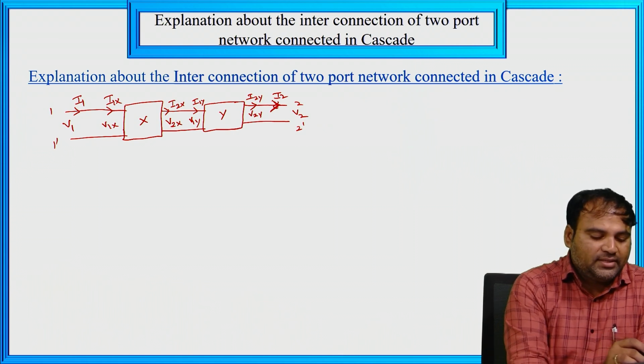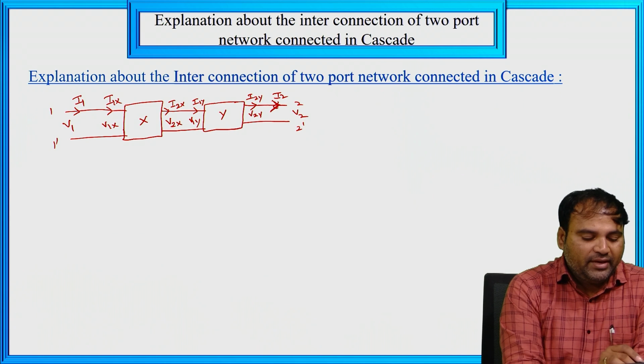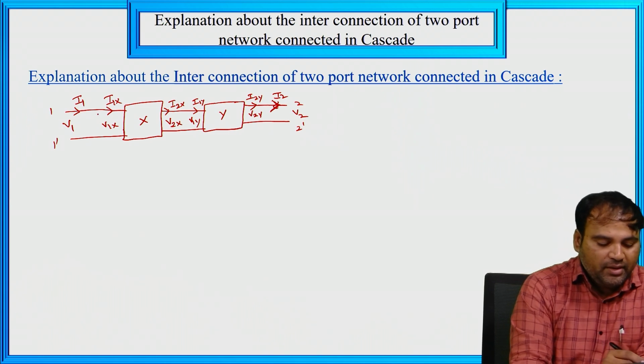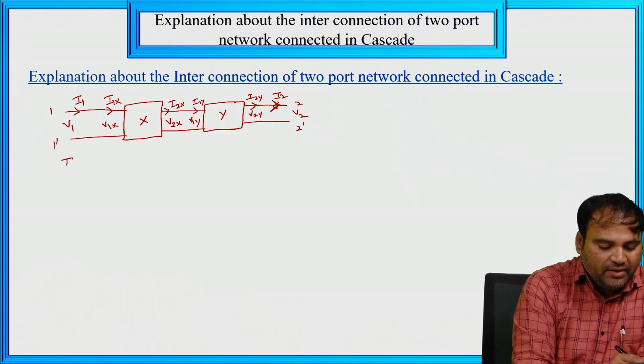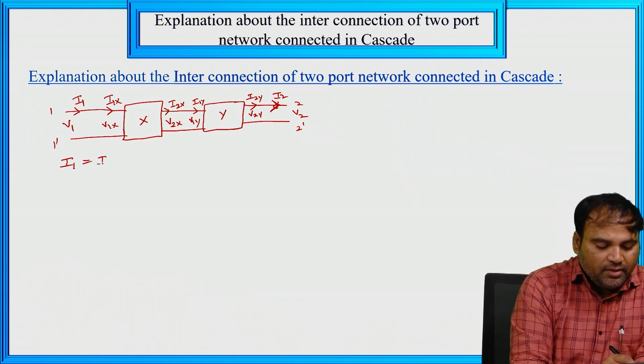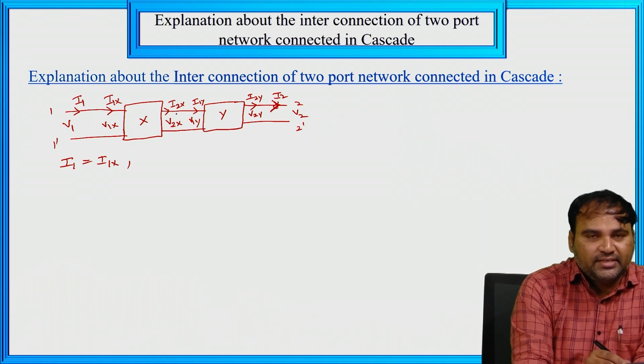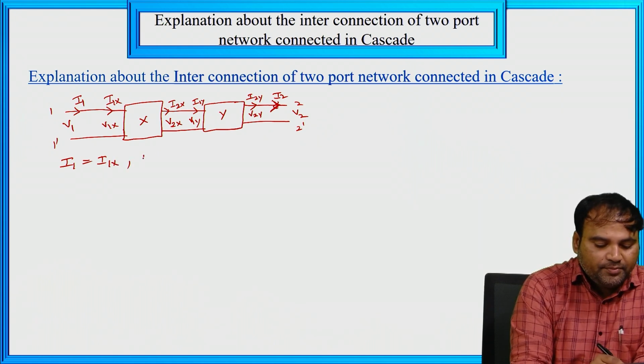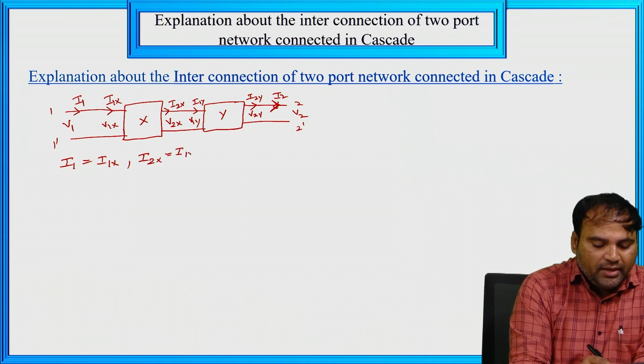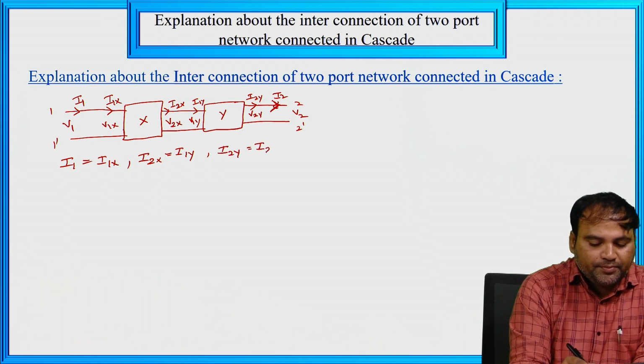You can see I1 and I1X are in the same line, so we can write I1 equal to I1X. Similarly, I2X is equal to I1Y, and I2Y equal to I2.